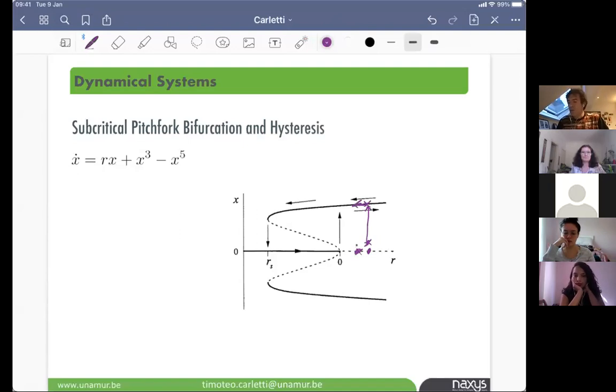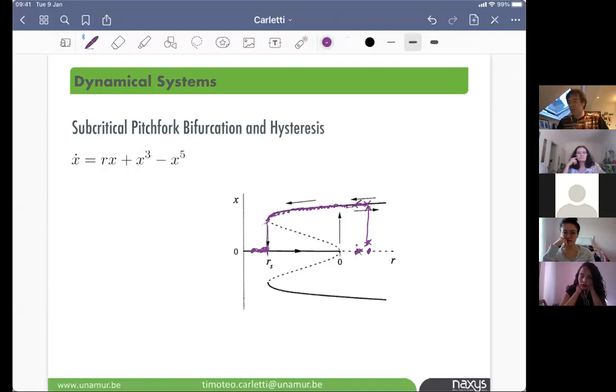So actually you are following this branch, okay? But once you arrive at this r and you decrease r again, this branch is no longer stable, and the only existing stable point is x equal to 0. So suddenly your equilibrium jumps from this branch down to the solution.